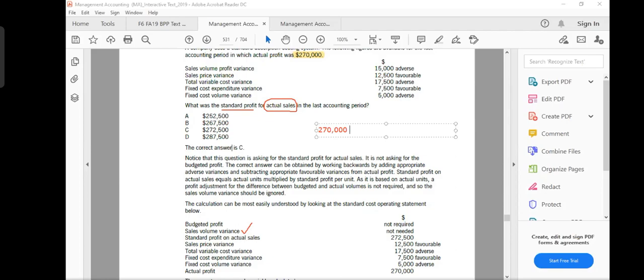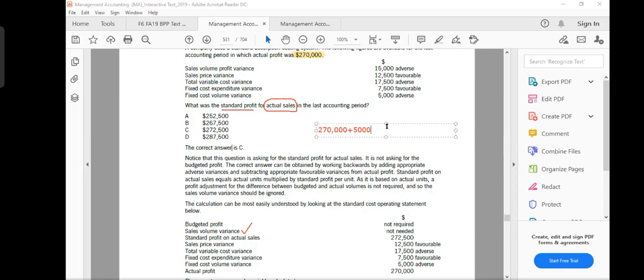Your actual profit was less. That's why you have adverse. So standard profit would have been more, so you add this 5,000. Do you understand this logic, why I'm adding 5,000? If you do not, please tell me now.